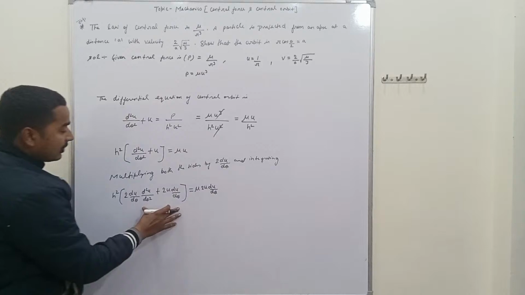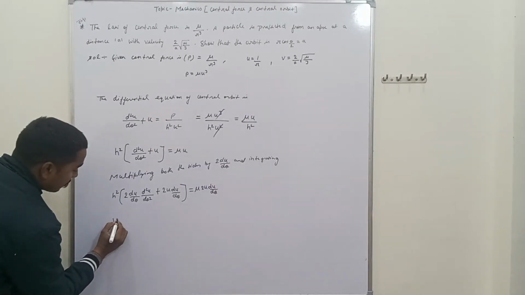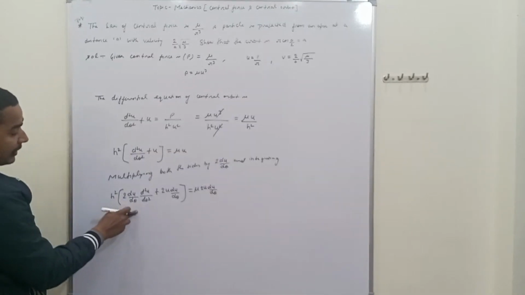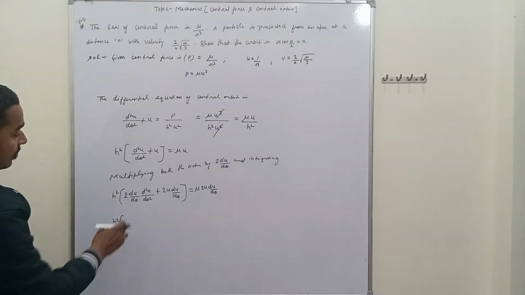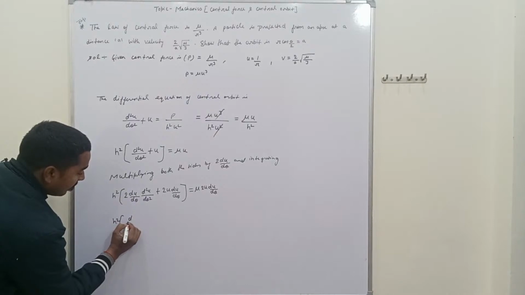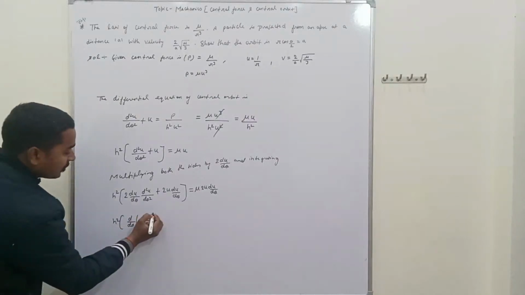We can write this in differential form, that is h square bracket 2 du upon d theta and d2u upon d theta square is written as d by d theta of du upon d theta whole square.